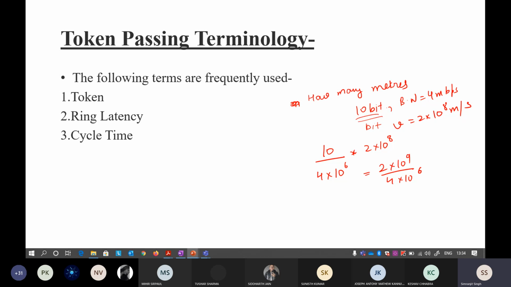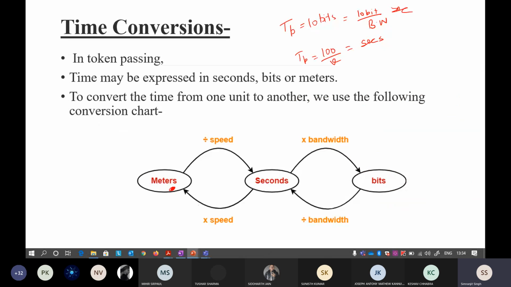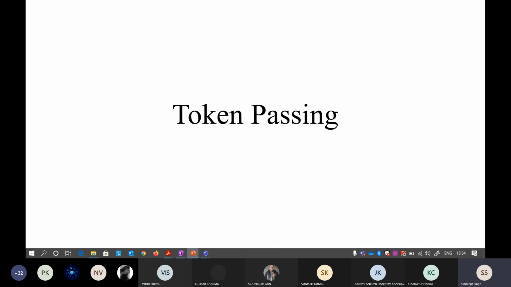You will find 2 into 10 raised to power 3, so I can say 2000 over 4, so it will be around 500 meters. Again, keep this particular diagram to convert the times into meters as well as into bits.